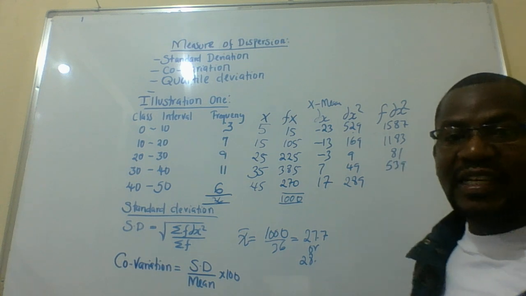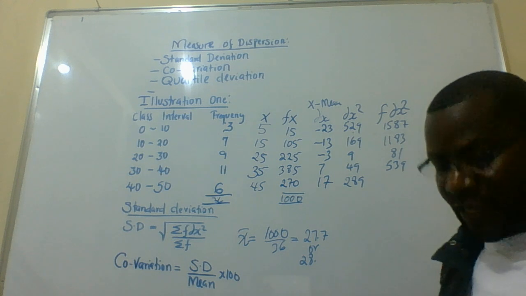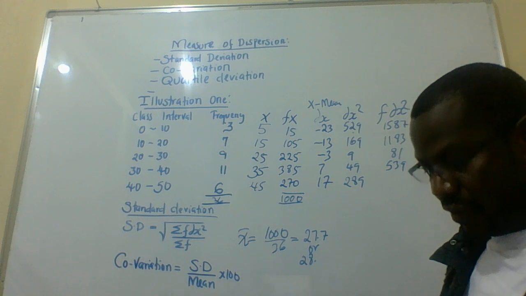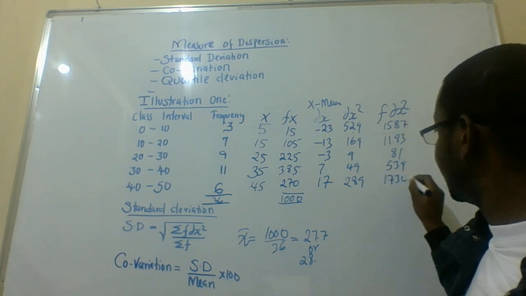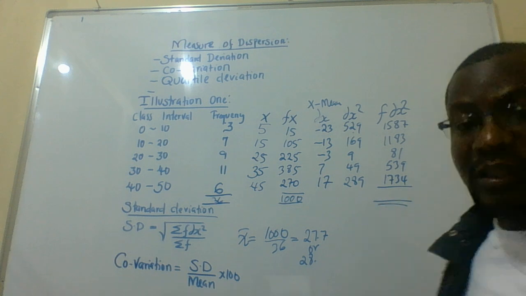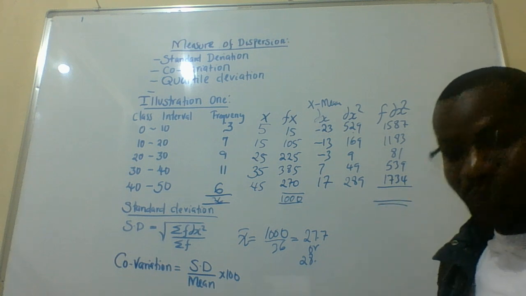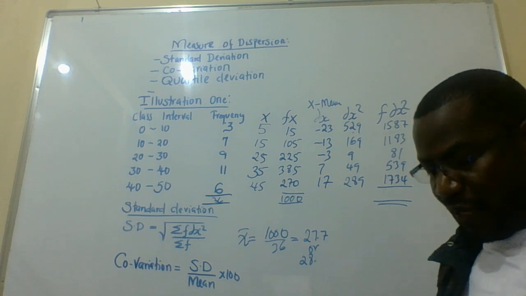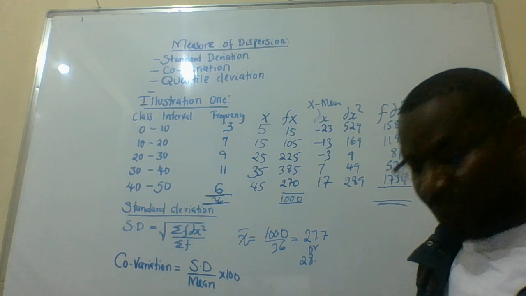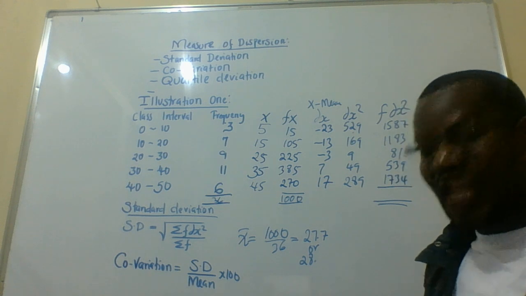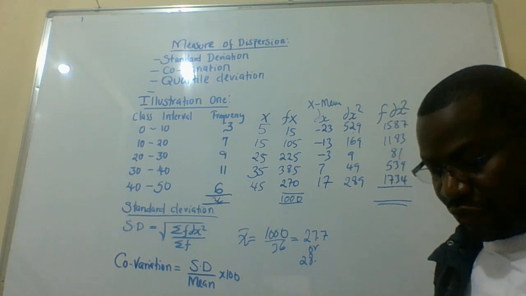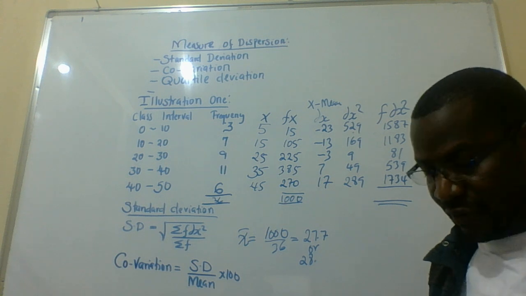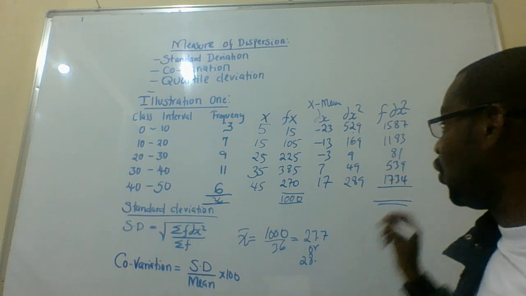And lastly, 6 multiplied with 289, so we have 1734. Get the total. So 1734 plus 539 plus 81 plus 1183 plus 1587, 5124.